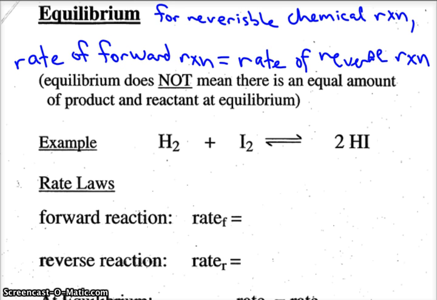My board never works for me. So the rate of the forward reaction is equal to the rate of the reverse reaction, which means that overall we don't see a change.